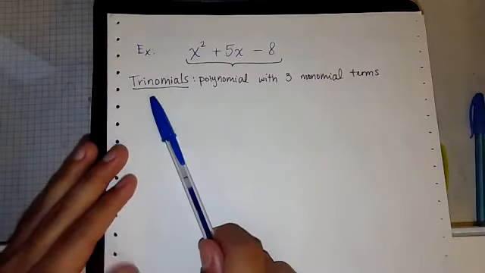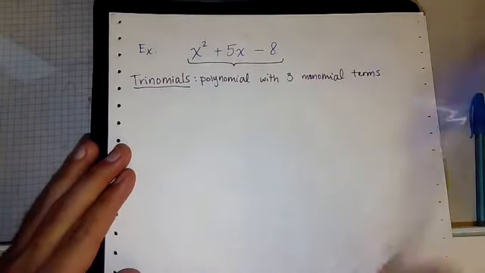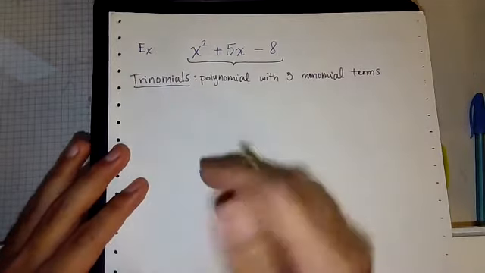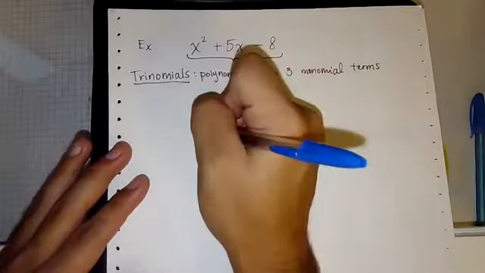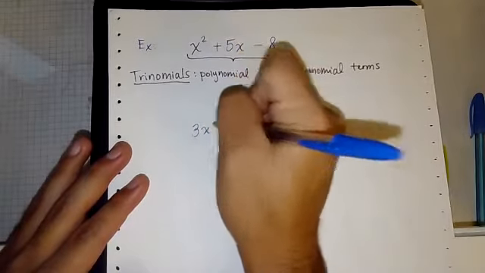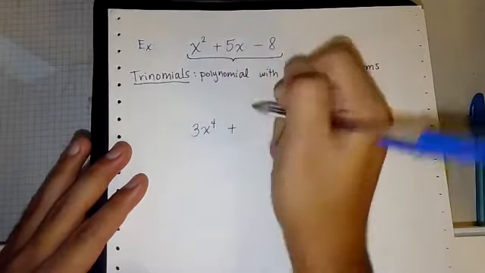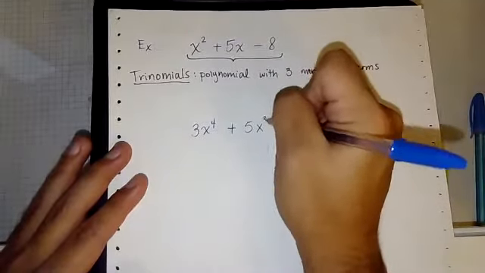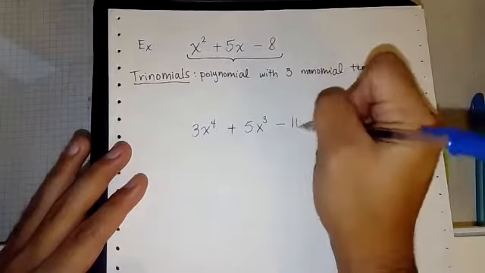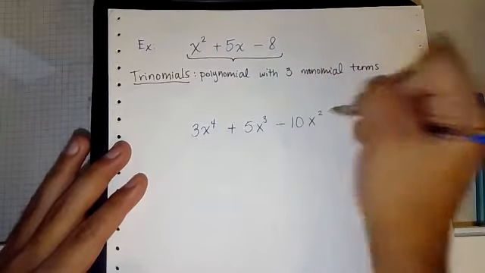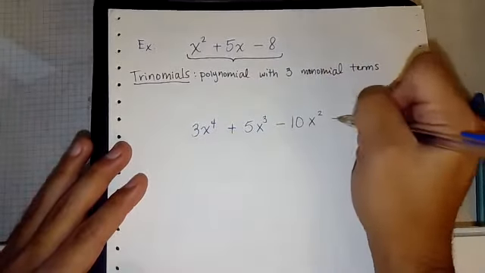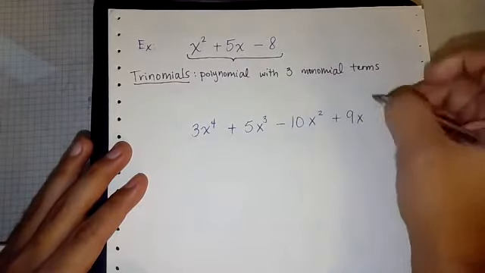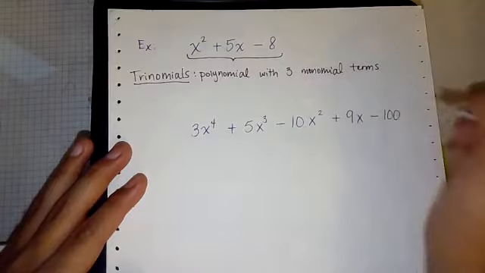We don't have special names for any polynomial that has more than 3 terms. We just call them polynomials at that point. So if you had something like 3x to the 4th plus 5x to the 3rd minus 10x to the 2nd plus 9x minus 100.